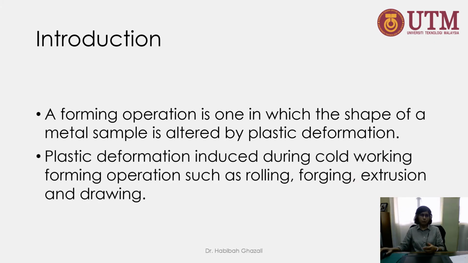During this process, plastic deformation is induced by cold working operations. Cold working operations such as rolling, forging, extrusion, and drawing are very common for shaping materials such as metal into its final product. And there are consequences to the microstructure when we form it this way.